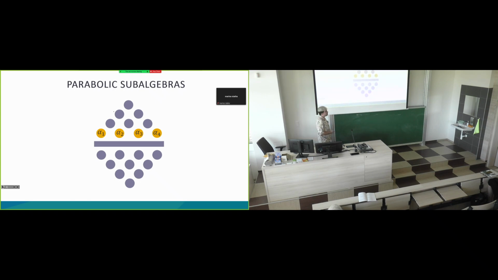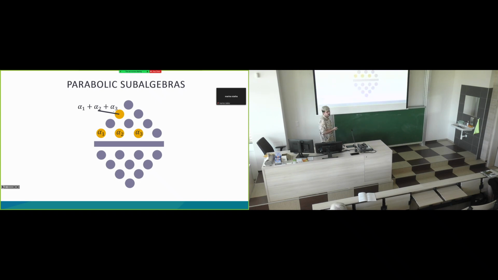Since every positive root is a sum of simple roots, a point in the second, third, fourth level, and so on, is exactly the sum of the roots that lie under it. So for example, this is alpha 1 plus alpha 2, because we have here alpha 1 and alpha 2, or this is alpha 1 plus alpha 2 plus alpha 3. The same goes for the negative roots.